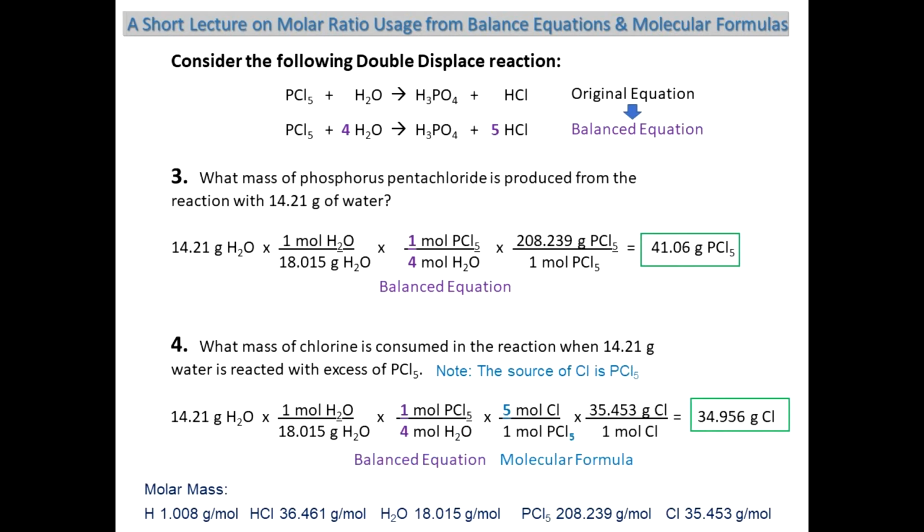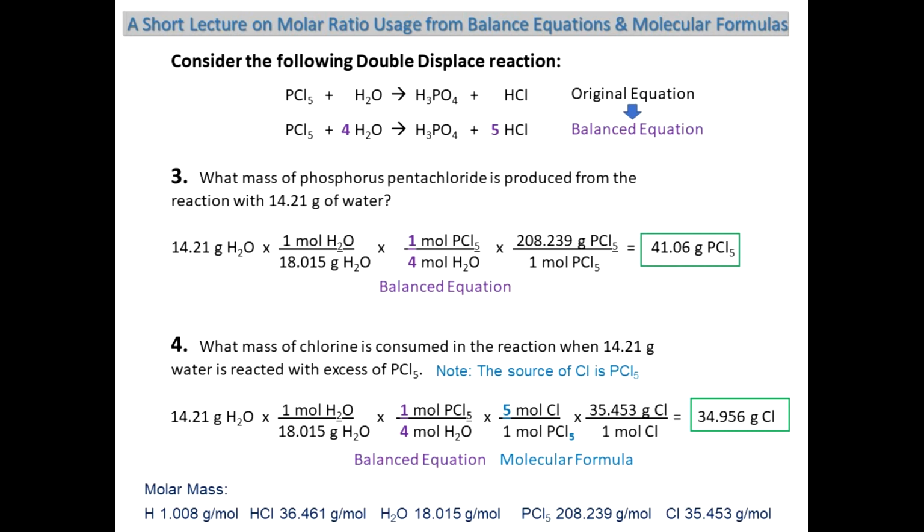Let's do problem number 3. What mass of phosphorus pentachloride is produced from the reaction with 14.21 grams of water? So we again start with the given grams of water. We do a dimensional analysis of converting grams to moles of water. And then we are going to interconvert water to phosphorus pentachloride. Therefore, we will use the ratio from the balanced equation of mole water to mole phosphorus pentachloride.